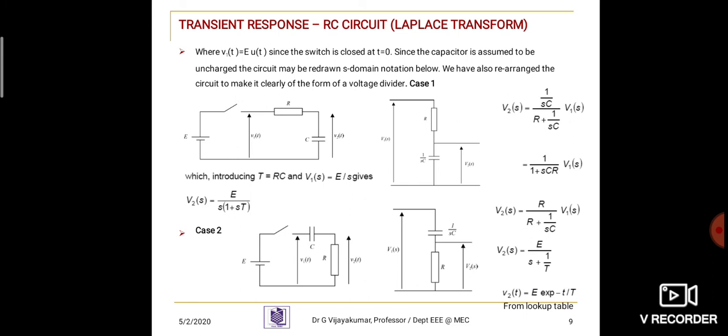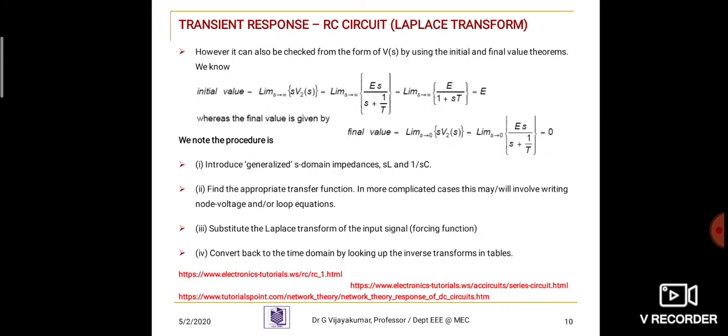For the initial value theorem, we substitute S tends to infinity in the previous equation, and for the final value theorem, S tends to 0. The corresponding two equations are represented for the RC circuit using Laplace transformation, and we must make a note of this procedure, as it will be useful.